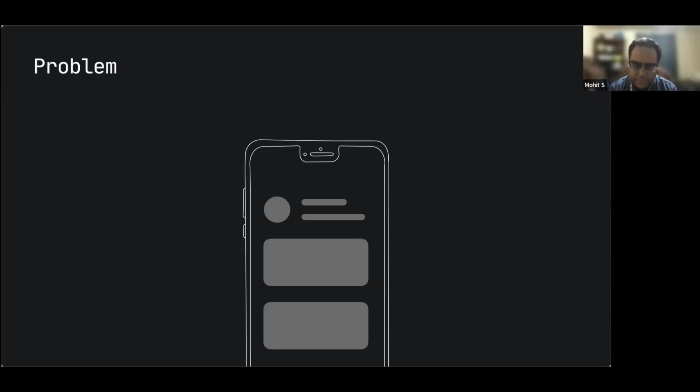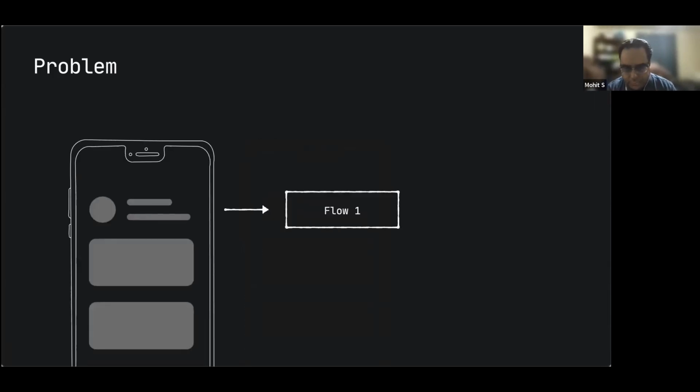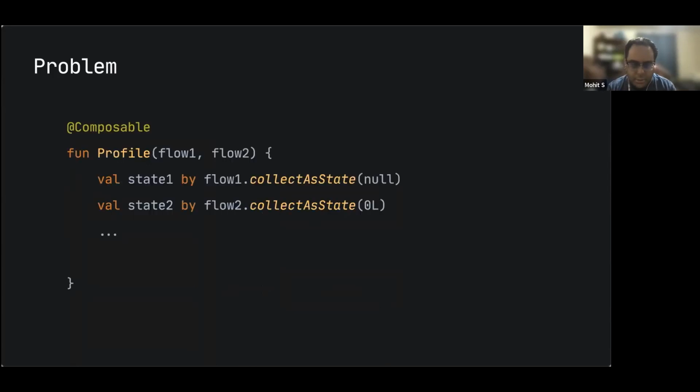Suppose different parts of it come from different flows, and you have two flows that you have to combine together to give the data to the UI. In Compose, the way you set up your UI is that all your view components, like your profile screen or any type of screen, is a composable function. You make it a composable function.